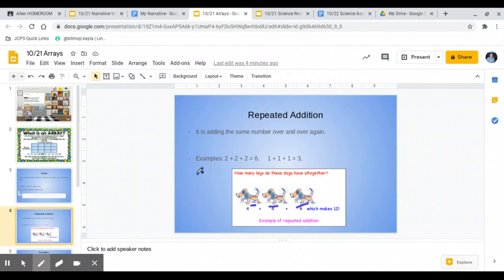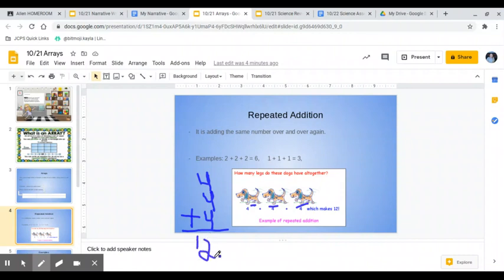And I can add my 4's together quicker than counting each individual leg. So 4 plus 4 plus 4. I know 4 plus 4 is 8. That's a double. I know that. 8 plus 4 is 12.